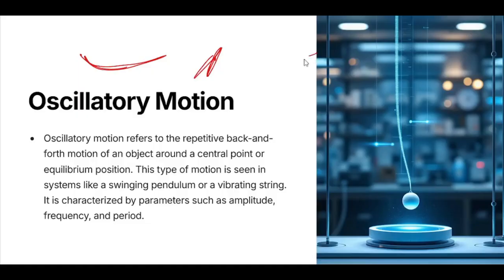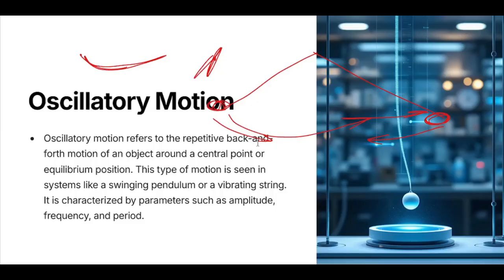When we see a simple pendulum bob, where we tie a bulb with a thread and let it dangle across the room in a particular direction, once it gets to a particular extent, it stops there and comes back to its initial point and comes back again. You see continuous movement, left, right, left, right, left, right. So these kinds of movements where you're moving left, right, up or down are known as oscillatory motions.